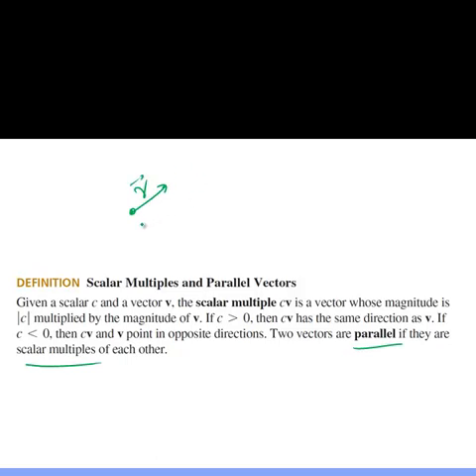All right, you might have 2v. v and 2v are parallel with each other. And so is negative 2v. They're all parallel with each other. Any multiple of vector v is parallel to v because they point in the same direction or in opposite directions of each other. Scalar multiples of each other.